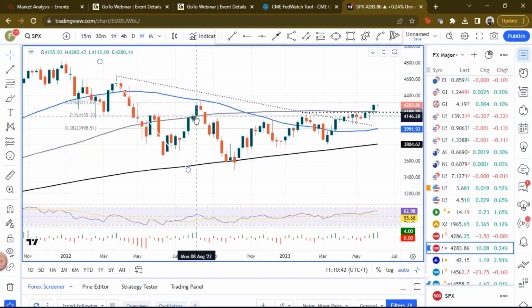If we look at the other indices, Nasdaq added 0.36%. The Dow lagged, actually finishing just 0.03% higher. Interesting when I talk about breadth, though, the Russell 2000, so that's a small cap index in the US, outperformed quite strongly. Gains led by regional banks, and it kind of follows on from a bullish outlook on the US economy by Goldman Sachs.